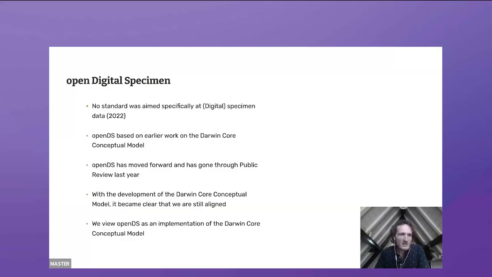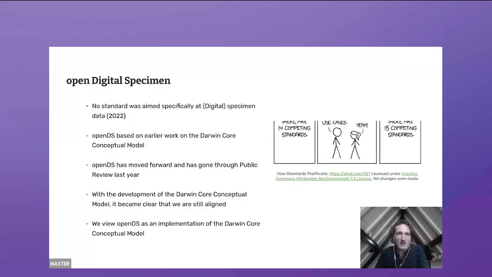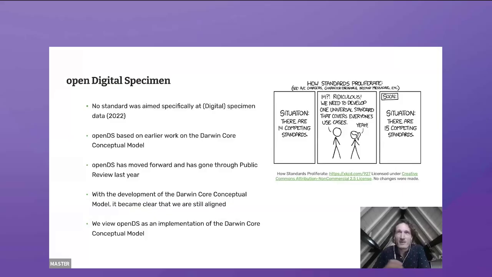But you always run the risk, if you're thinking about creating a new data standard, that there's already a situation where there are different standards that might not all be specific for your use case. You think, well, we need to create something better. You create a new standard, and now you have more standards that need to be interoperable with each other, and you actually end up with a messier landscape than you started out with. So we would rather not do this.